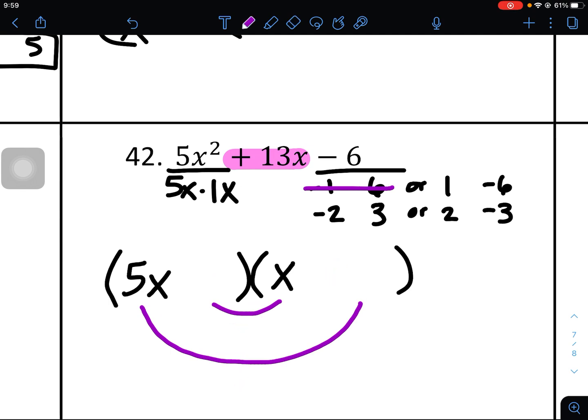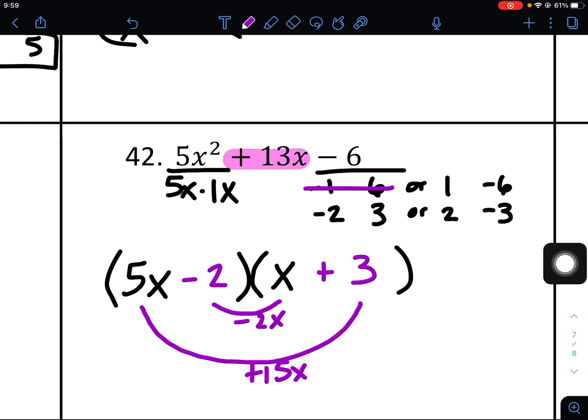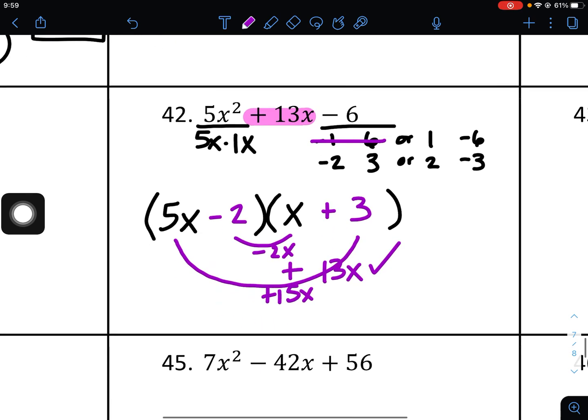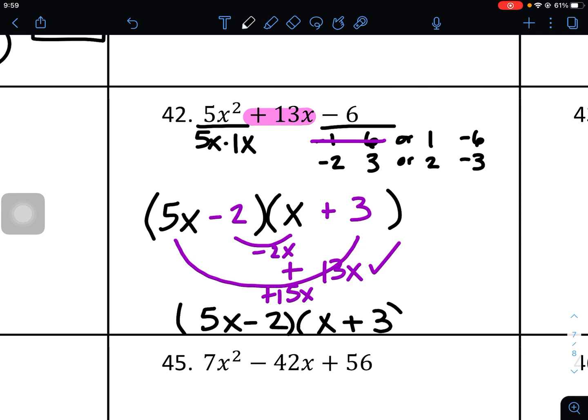Let's do negative 2 and positive 3. 5x times 3 is positive 15x, and negative 2 times x is negative 2x, and oh, that one works. Negative 2x plus 15x is equal to 13x, which is exactly what we wanted for that middle value, that b value. So my final factored form here, and we'll rewrite it just so it's a little bit neater, is 5x minus 2 times x plus 3.